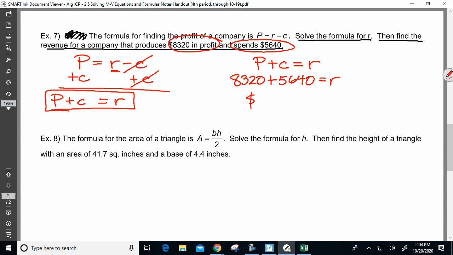Hopefully you got a calculator somewhere around there. We don't take this long when we take the quiz on Friday. 13,960.